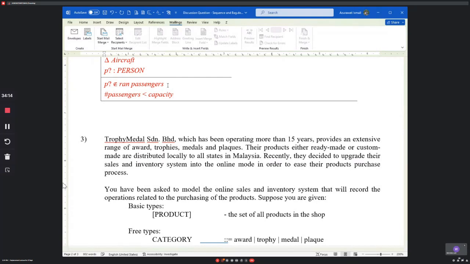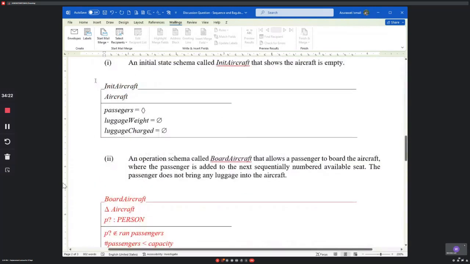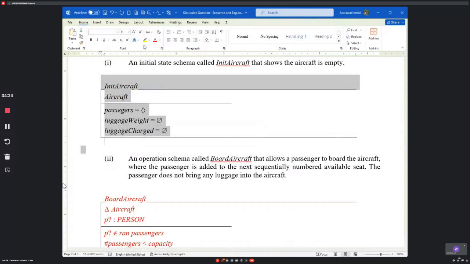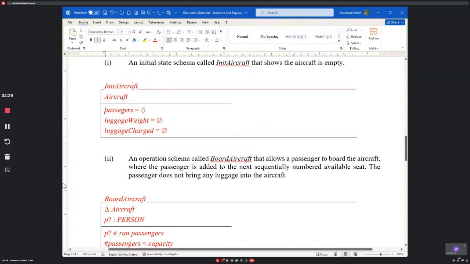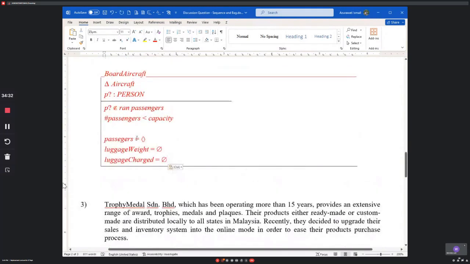So after that, if no more checking, then we have to update our variables. We have three variables here. Let me copy the whole variable here: passengers, luggage weight, and also luggage charge.